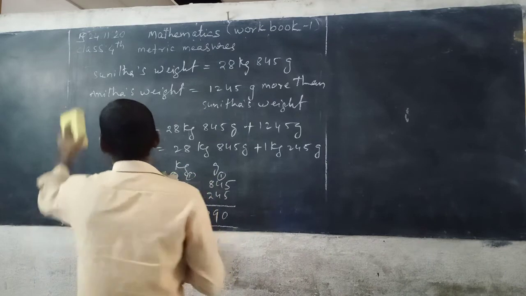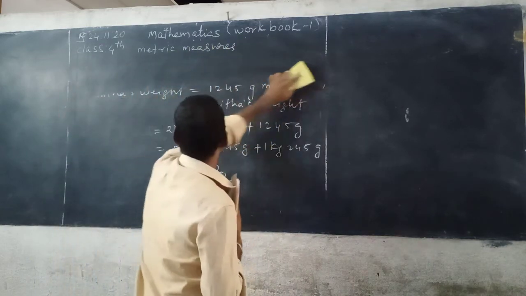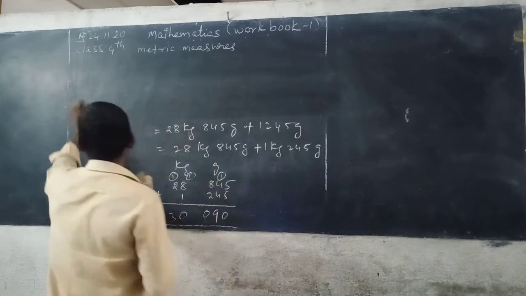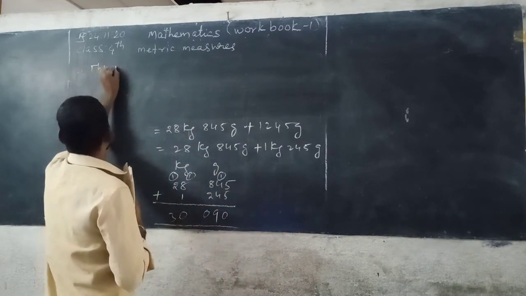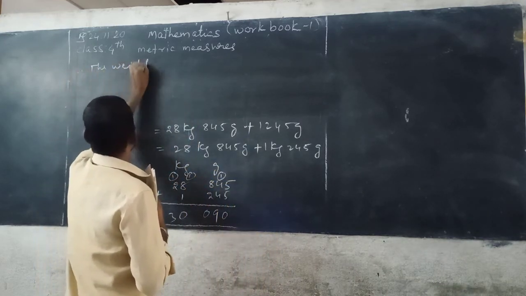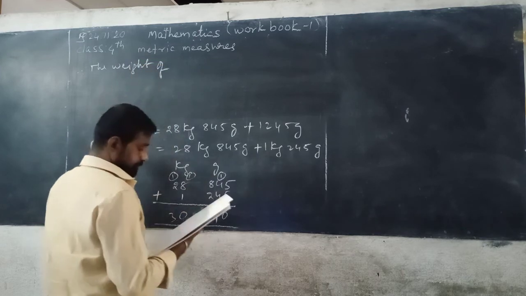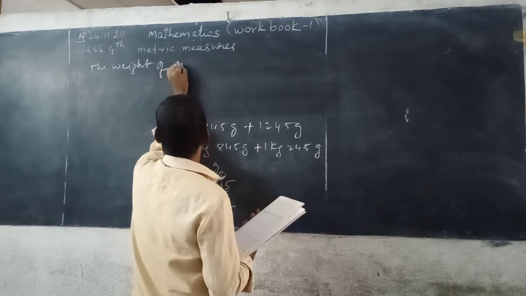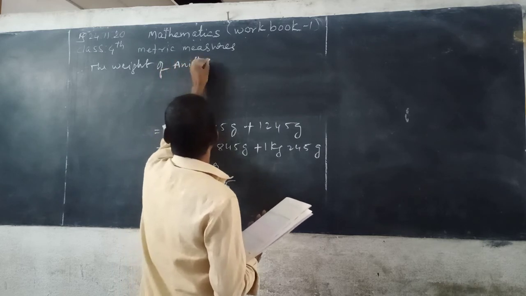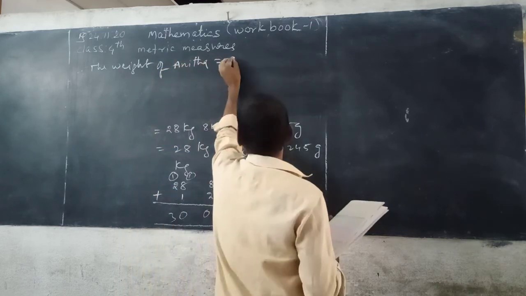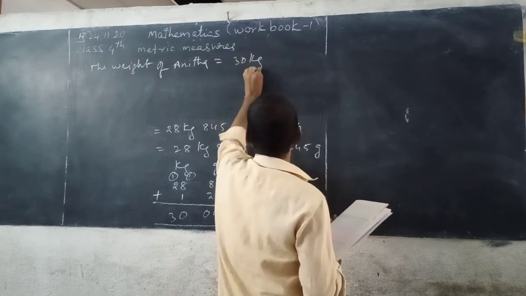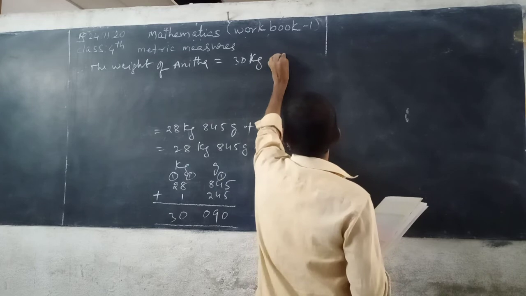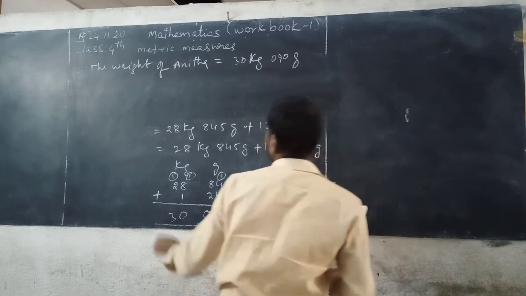Therefore the weight of Anita is equal to 30 kg, means kilograms, 90 grams. Write it down.